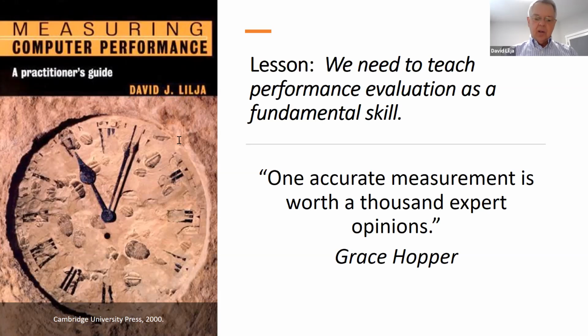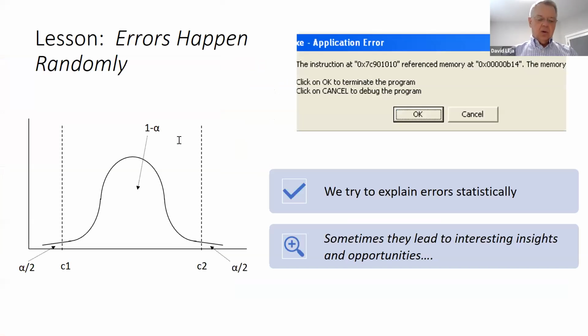And this really helped prod my interest in performance evaluation and really pushed me further down that path to think about, okay, what really happens in this random world? What really happens when errors occur? We think about errors as causing a fatal program failure, for instance, or we think about errors as being some probability distribution.